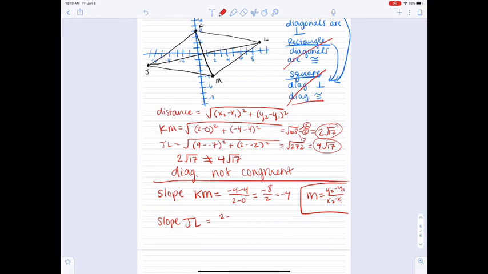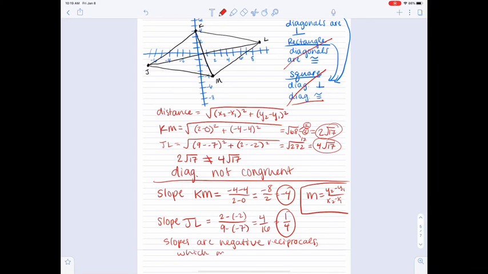We'll see if that works. All right, so we have negative 4 and positive 1/4. So the slopes are negative reciprocals, which means they are perpendicular.